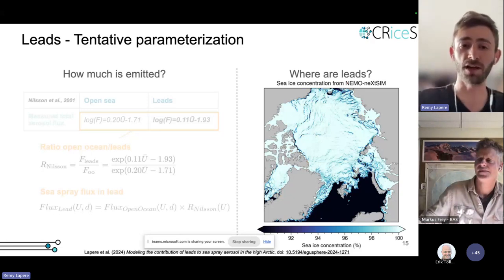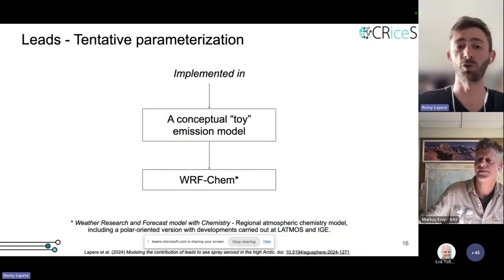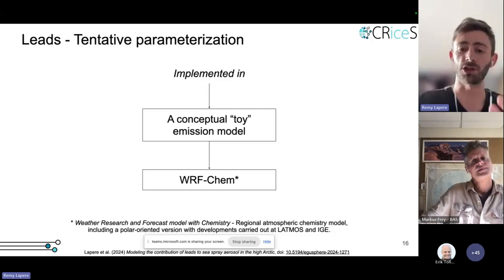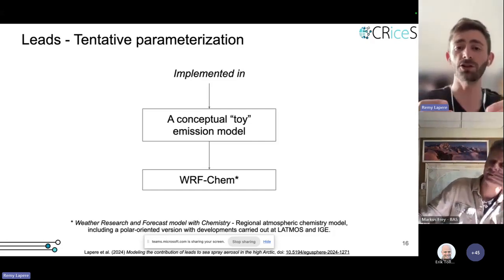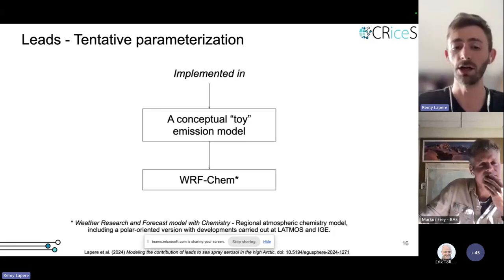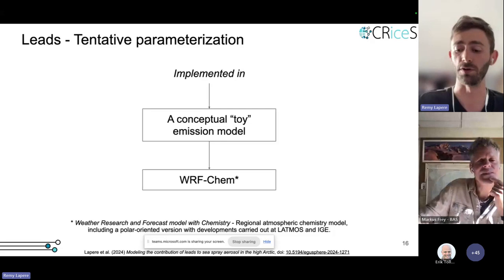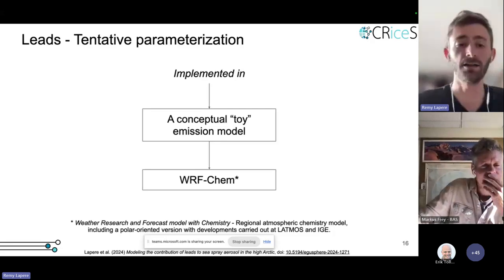So it's a good thing we answered both questions, how much and where. Now we can implement that into a model. But first, before going into super complicated models, such as WRF-Chem, which is a regional atmospheric chemistry model, we first implement all these formulas into a toy model, or conceptual model, to look at what orders of magnitude we are dealing with here. When we do that, this is sort of what we get.